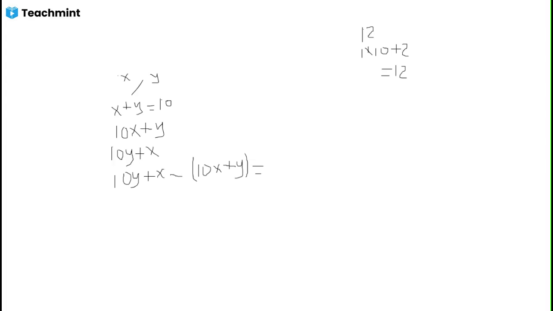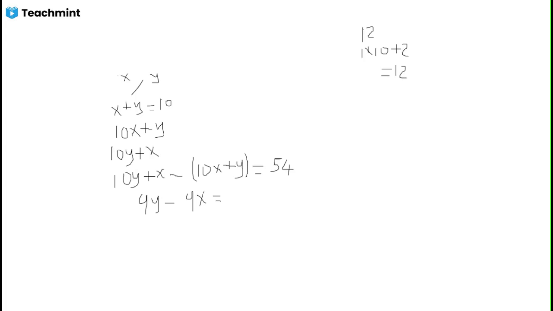Haya, tusaidiane hapa. Let us now subtract. 10y minus y because of the bracket, you get 9y. x minus 10x, negative 9x. So 9y minus 9x is equal to 54.